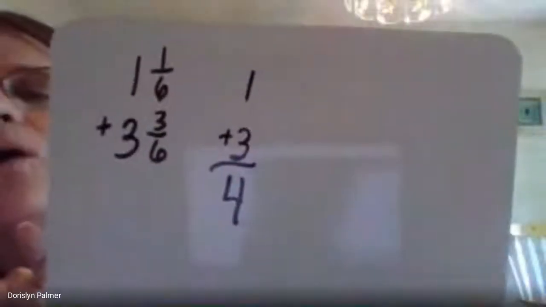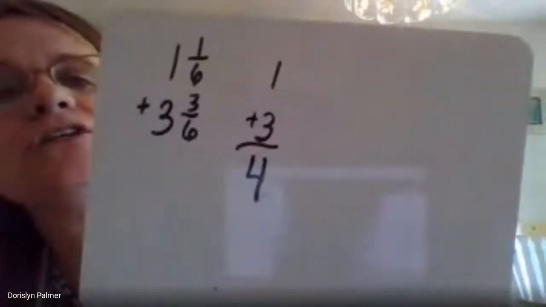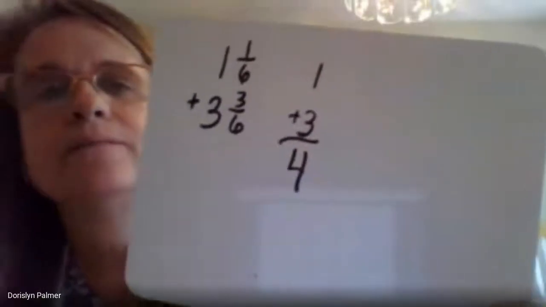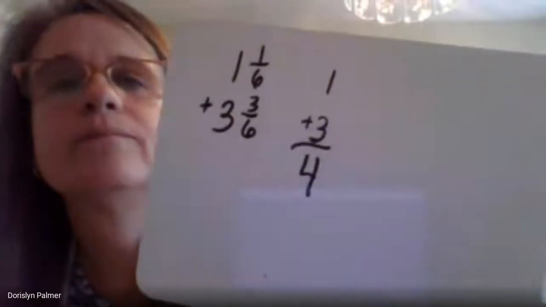All right, so we're going to add the 1 plus 3 and get 4. We're adding the whole number part. Next, you add the fraction part. Okay, so we're going to add 1/6 plus 3/6 and the other blue part. And we will get 4/6.